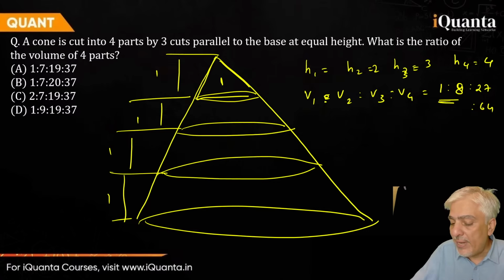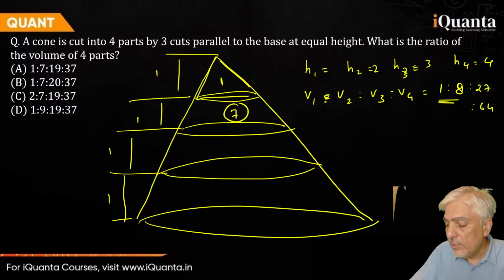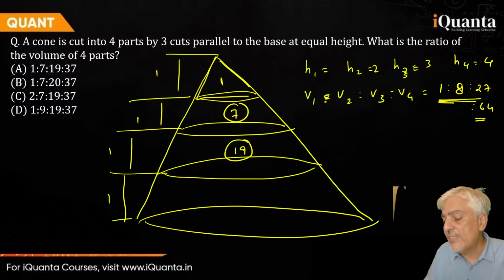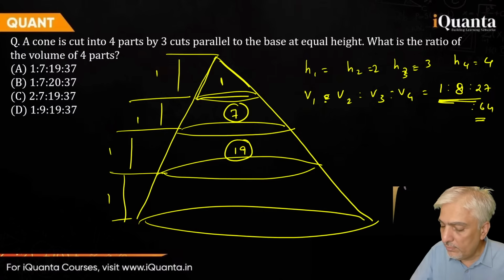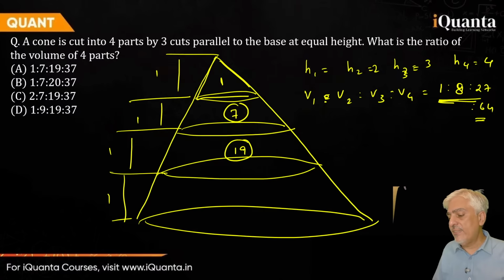Second will become 8 minus 1, 7. Third will become 27 minus 8. Actually, sorry, this will not be 19. This much is 8, no? 27 minus 8.